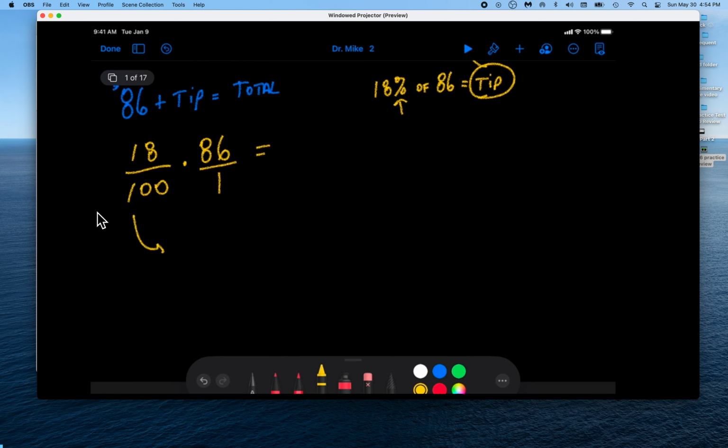So let's break this down. 18 can be written as 2 times 9. 100 can be written as 2 times 50. This becomes 9 over 50. I don't think you can break that down any further because 9 becomes 3 times 3 and 3 does not go into 50.